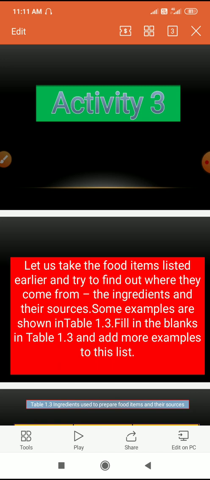Okay, tell me, what are the sources of rice or wheat? Maybe you know about it. The sources of rice and wheat are plants. But have you seen paddy or wheat fields? From paddy fields we get rice and from wheat fields we get wheat.